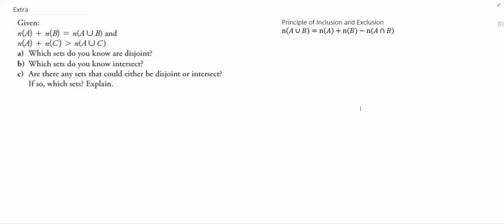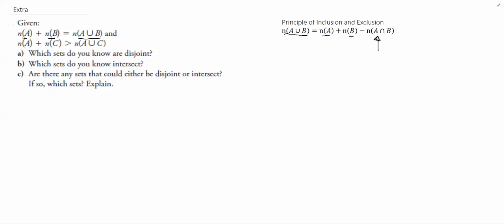So let's take a look at this information in relationship to the principle of inclusion and exclusion. We've been told that if I take A and B and add them together, it gives me the same number of elements as I would have in the union of A and B. In the principle of inclusion and exclusion, I have all of the elements in A and all of the elements in B. When I add them together, I have to subtract out this intersection.